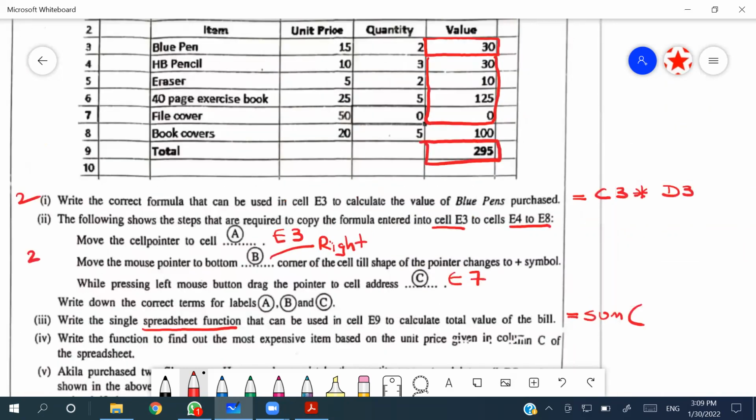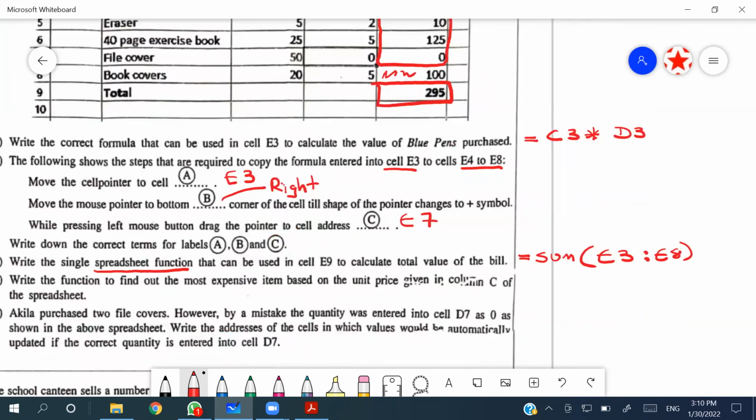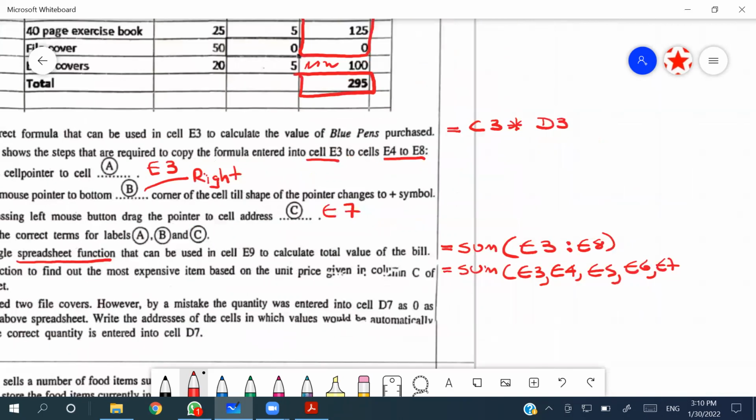So the range should start from E3 until the E8, right? So E3 colon E8. You can write the same function as sum E3 comma E4 comma E5 comma E6 comma E7 comma and E8, and you can close the brackets.